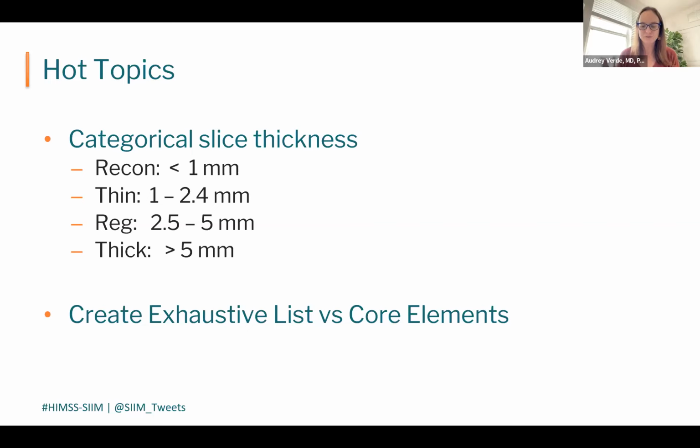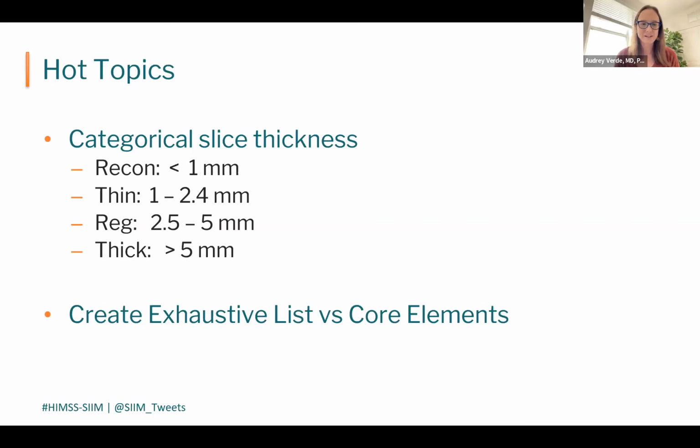And so to try and remove further from that, we've discussed using categorical groupings of slice thickness, such as what I have listed here as recon, thin, regular, or thick. Other things that we've called this when chatting about it is either thinnest, thin, medium, thick.